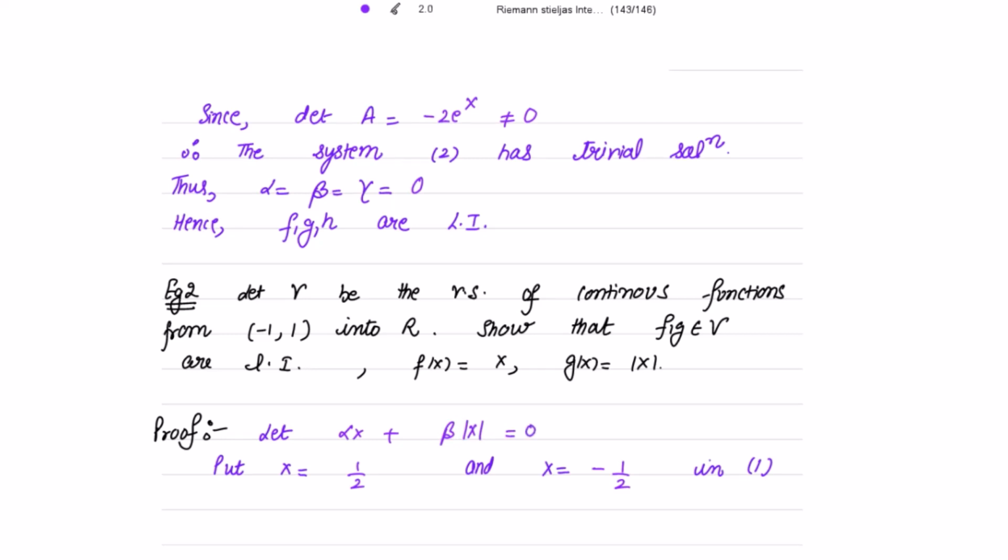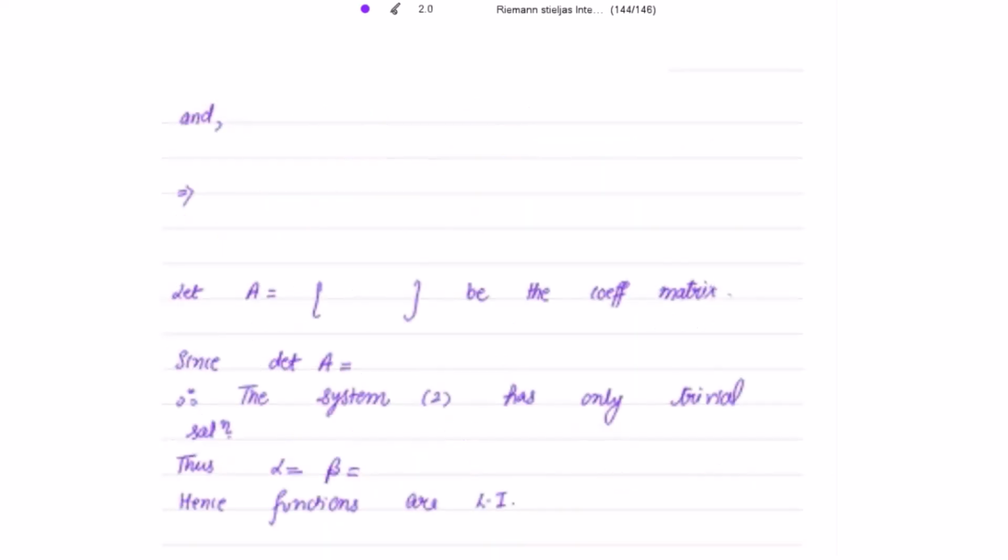So first put the value of x as 1 by 2 in 1, and then put the value x equal to negative 1 by 2 in 1. Put these 2 values. So if I first put 1 by 2 in 1, I get alpha by 2 plus beta by 2. Now putting the negative 1 by 2, I will get negative alpha by 2.